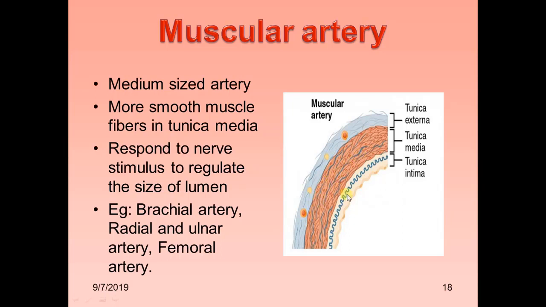The internal elastic lamina and the external elastic lamina are very well defined in the muscular artery. Examples of muscular arteries are your brachial artery, radial, ulnar, femoral artery, tibial arteries, popliteal arteries. Functionally they come under the distributing vessels.